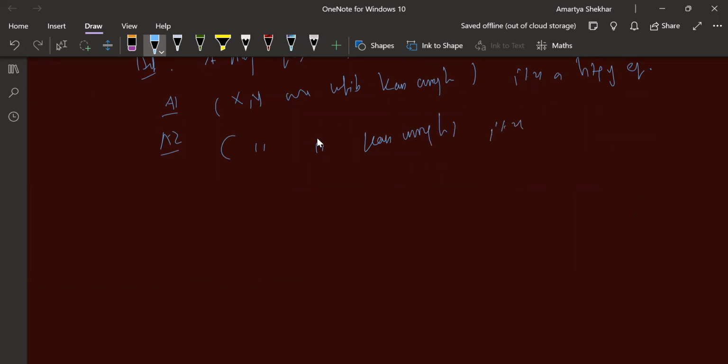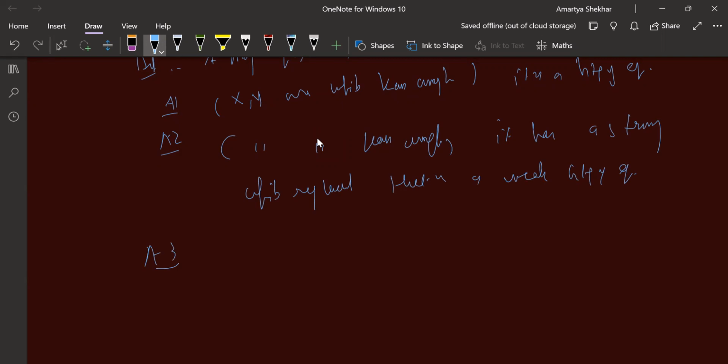Then it has a strong cofibrant replacement that's a weak homotopy equivalence.